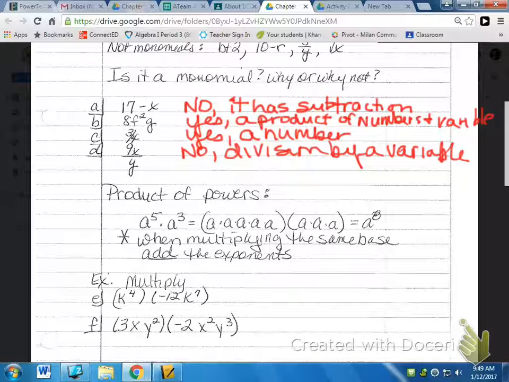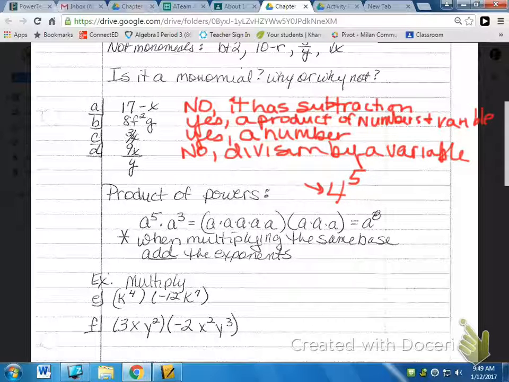All right, now we're going to move on talking about different things that can happen with monomials. We're talking about something called product of powers. Product of powers is where you take something with the same base. Let me write this over here by the side. Let me go 4 to the 5th power.